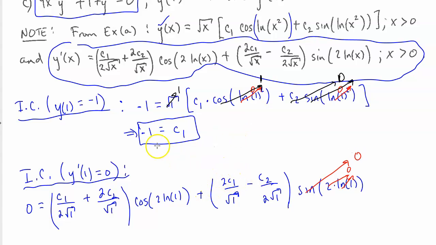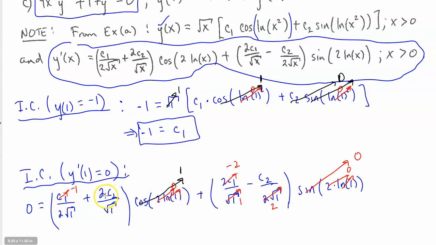We also know that C1 was negative 1, so 2 times C1 is going to be negative 2 here. We also know that square root of 1 is 1, 2 times square root of 1 is 2, natural log of 1 is 0, so 2 times 0 is 0, and cosine of 0 is just 1. And again, our C1 is just minus 1.